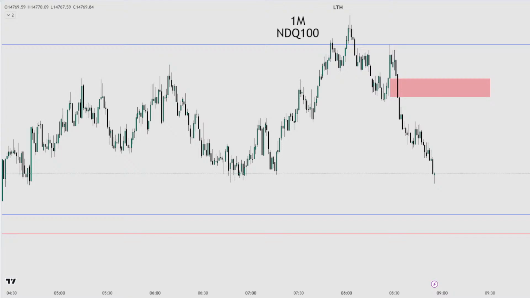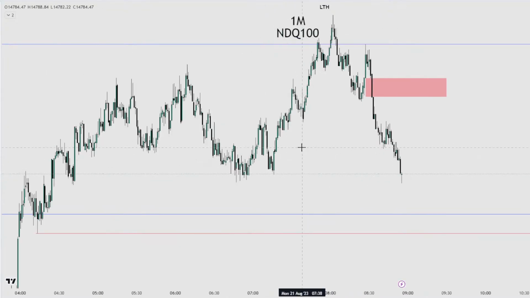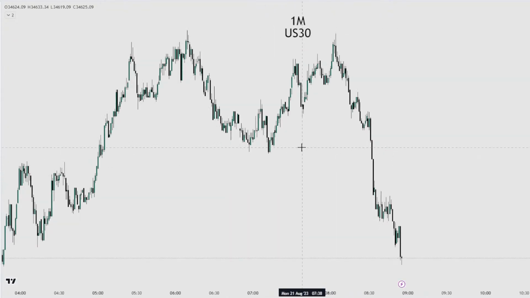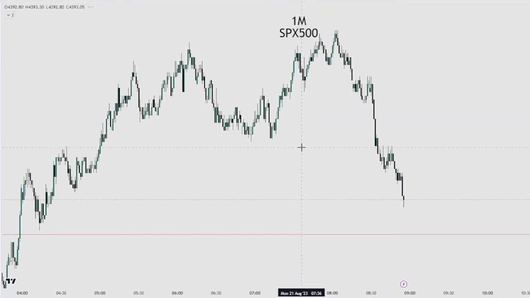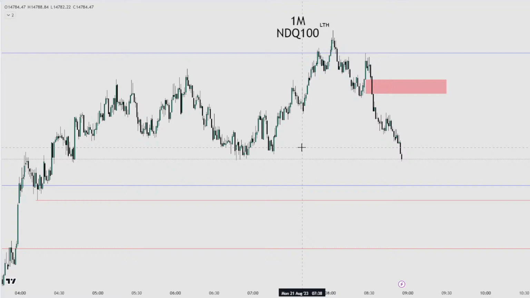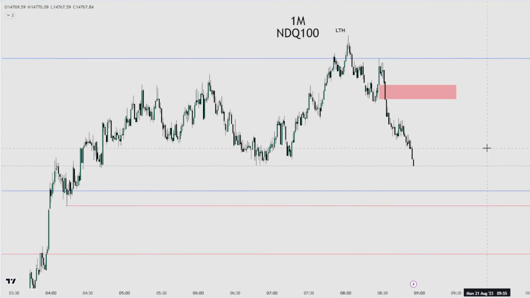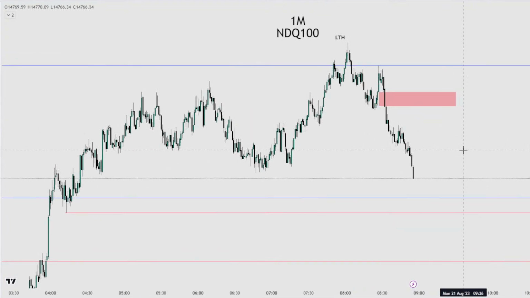If dollar is really bullish, then we're probably going to sweep the weekly swing low. But if we're not that bullish on dollar, then I'm at least expecting the weekly gap to get tapped at least 50%. We didn't really get that.